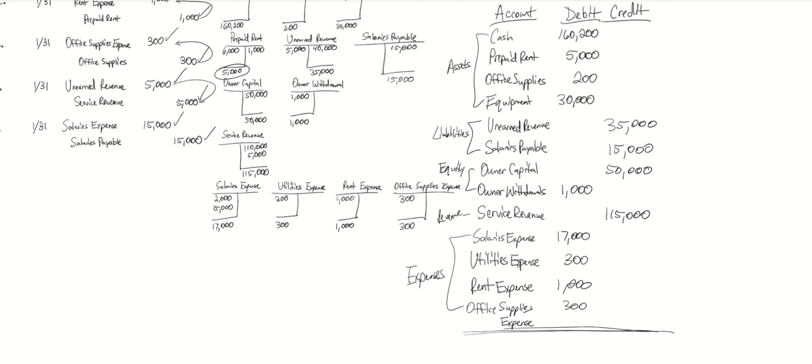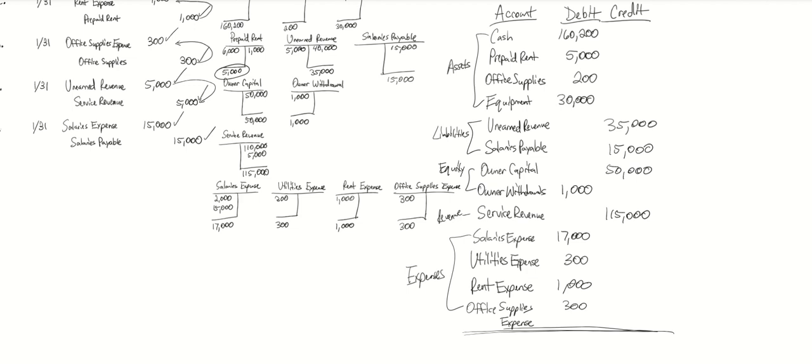So that's what I'm going to do. Get the cash amount plus the prepaid rent plus office supplies plus equipment plus owner withdrawals plus salaries expense plus utilities expense plus 1,000 plus office supplies expense.